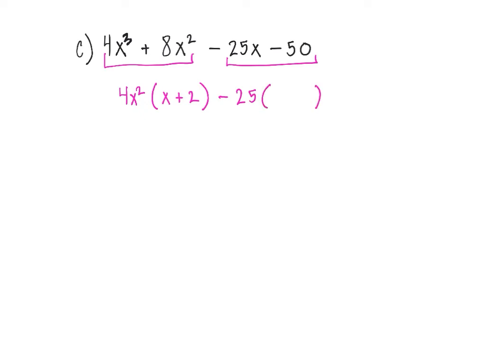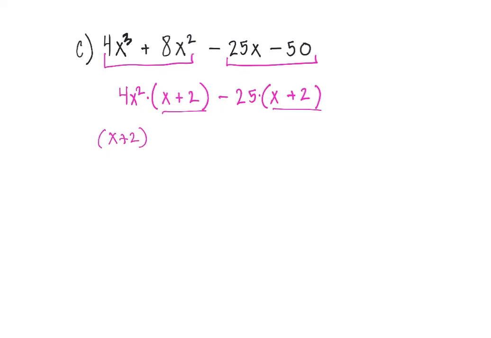And let's see, 25x divided by 25 is x. Negative 50 divided by negative 25 is positive 2. Okay, now I've factored the common factor out from each group. They should have a binomial that is the same. So we will factor that binomial out.